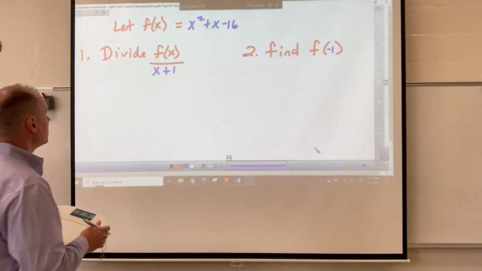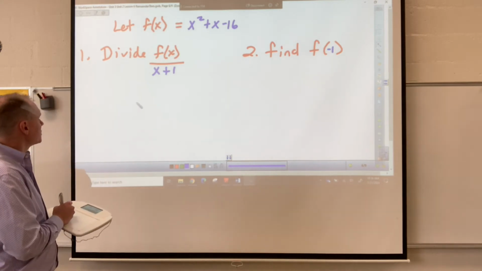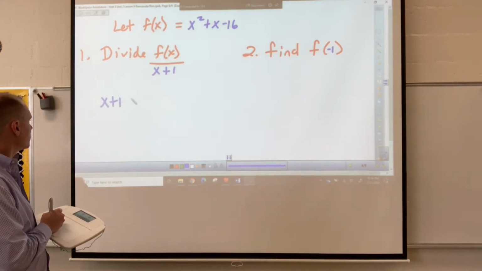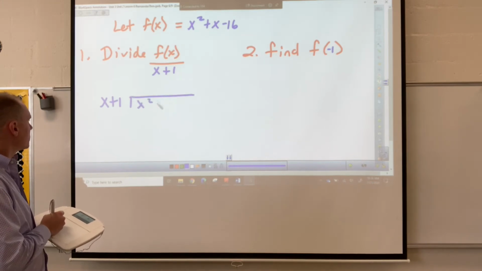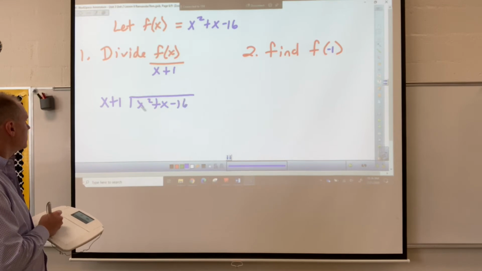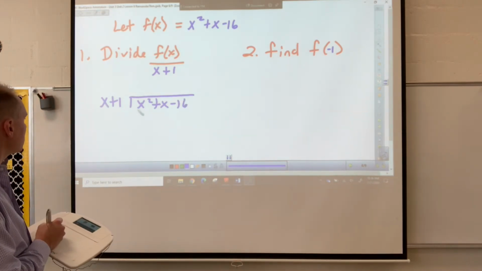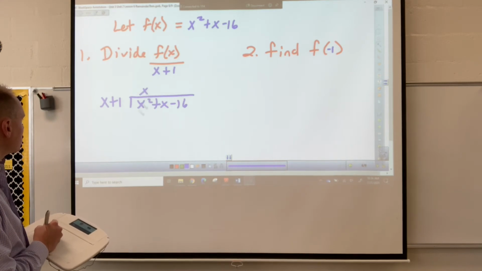Okay, so if we do the division here, I'm actually going to do the division x plus 1 into x squared plus x minus 16. Okay, so when we do this, let's see, x times x is x squared, x times 1 is x.